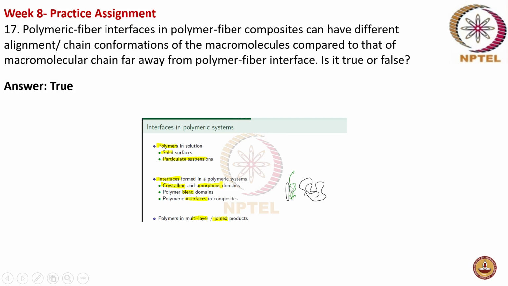The chains can orient along the fiber direction, compared to a more coiled structure, as you can see here. So there is definitely a possibility that at polymeric interfaces, there can be a chain conformation difference compared to that of the bulk phase.